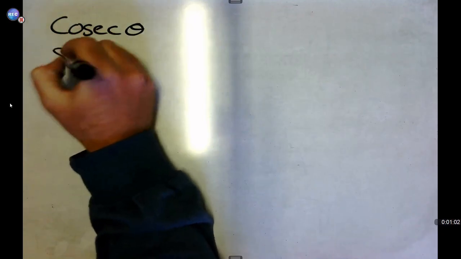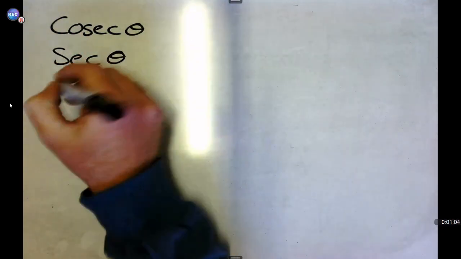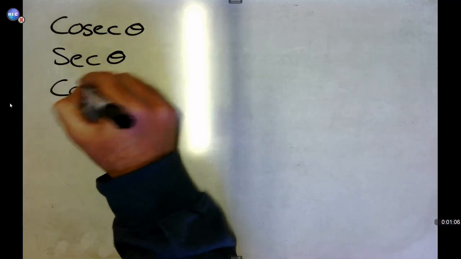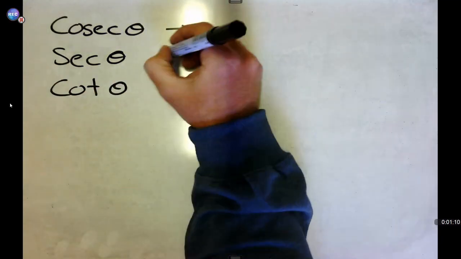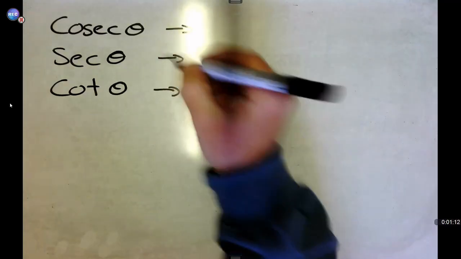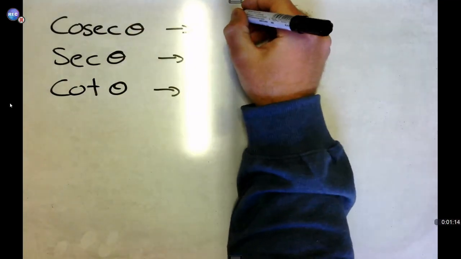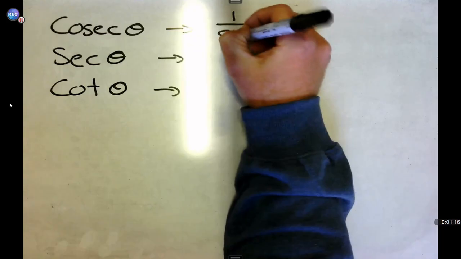So if you look at the following, we've got over here cosec theta, then sec underneath that, and then we've got cot. Their reciprocals are as follows. For cosec it would be 1 over sine theta.